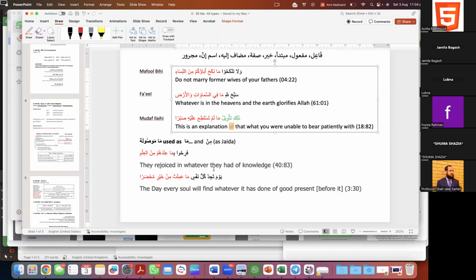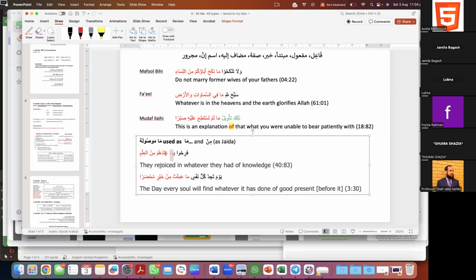Now, the next point is simple. Let's finish it. As you can see on the screen, min and ma. Ma mausul are used with min together. Can you see? Ma is here, and then min is here. It goes quite commonly in the Quran.